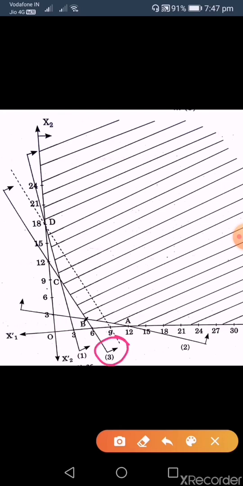So instead of getting only one point, here we are getting a line segment BC which contains an infinite number of points. Any point on this line will give us a solution.